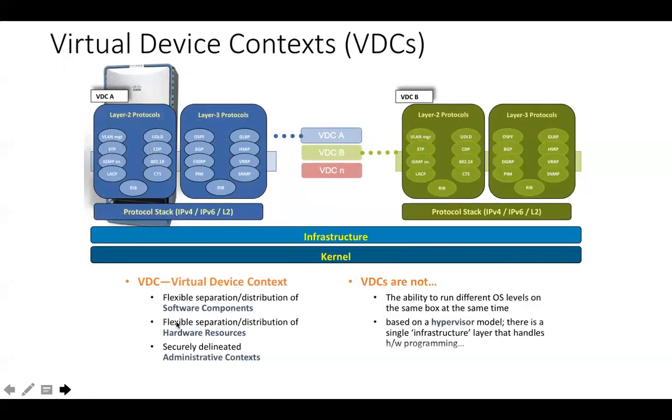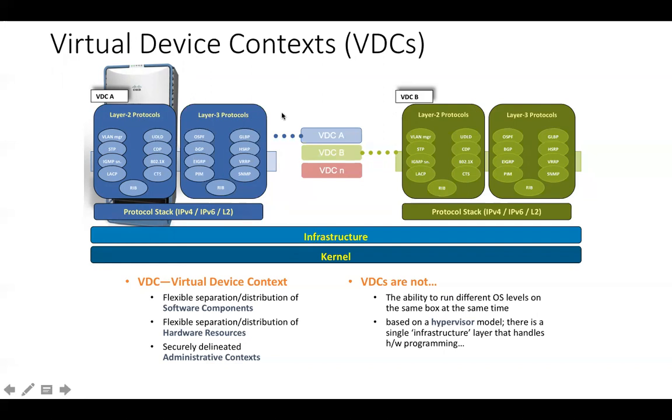Here you can see that we have one Nexus 7K where we have created VDC A and VDC B. This is the architectural view of Nexus 7K with VDC. At base, we have the Linux kernel, and we have the infrastructure layer provided by NXOS, basically handling our hardware programming.